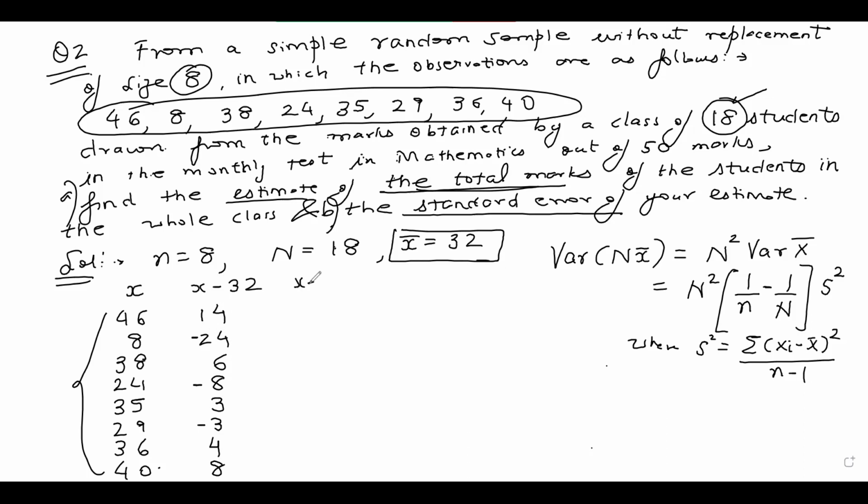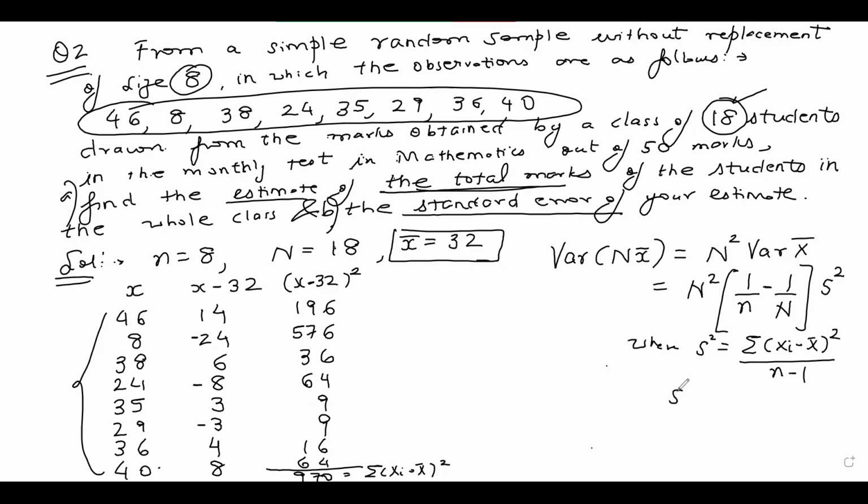And then the squares: 14 square 196, 24 square 576, 6 square 36, 8 square 64, 3 square 9, minus 3 square 9, 4 square 16, 8 square 64. If I take the sum of all these, it's 970. This is summation xi minus x bar square.